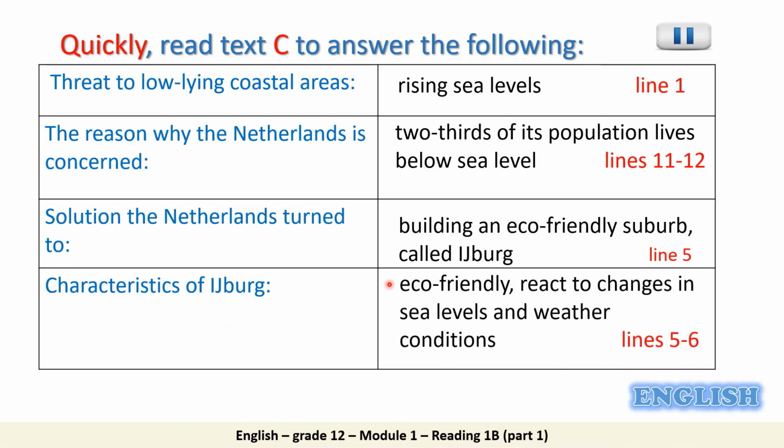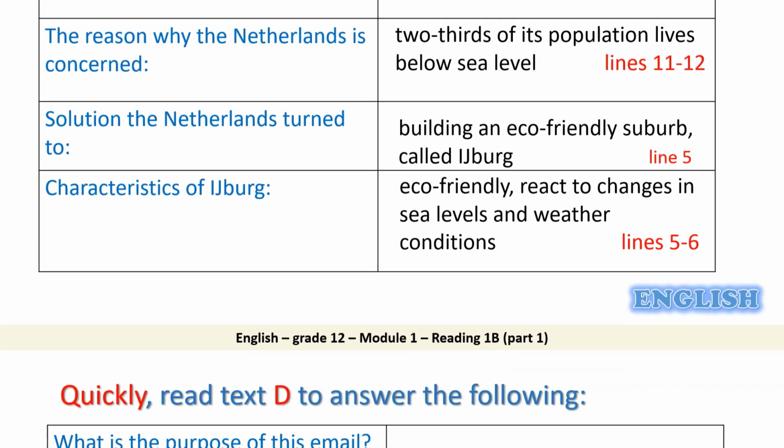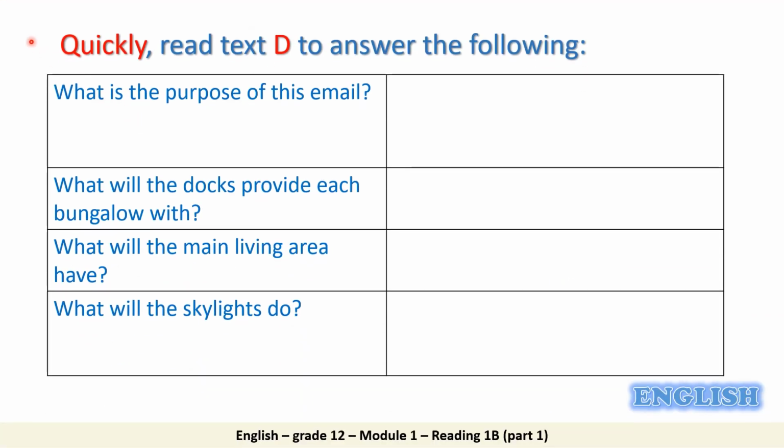Again, it is environmentally friendly, and it is adaptable to the different weather conditions, so it can react to the different changes from changing sea levels and changing weather conditions. Now I want you to go through text D really quickly to answer the following questions. Pause the video now.